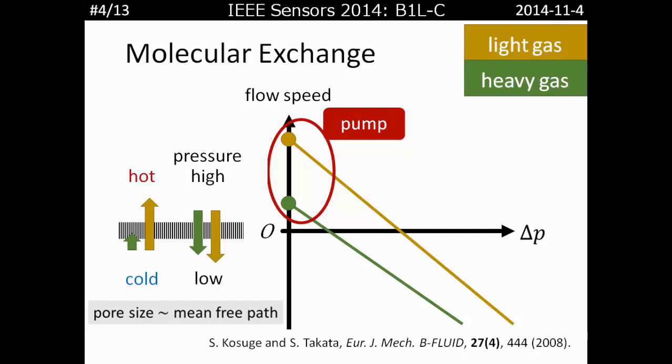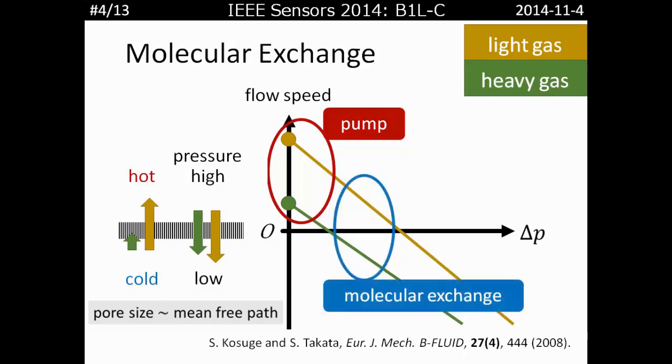Therefore, when we increase the pressure difference, there is a region where the light gas flows upward and the heavy gas flows downward. This is what we call molecular exchange flow, and it is used to concentrate gases.